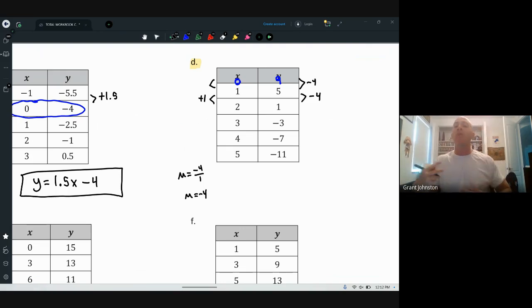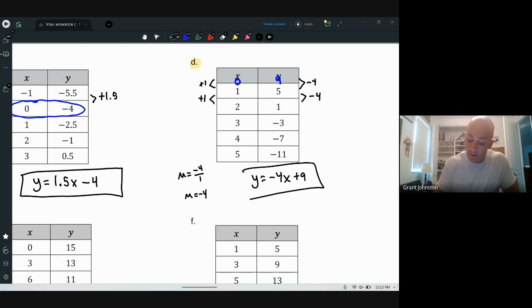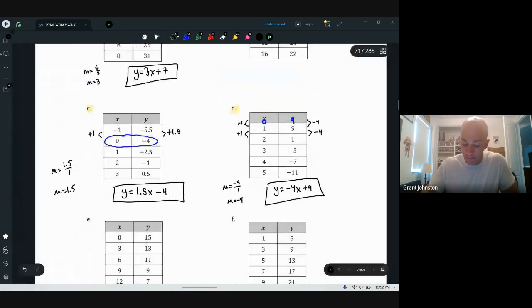So you have to do some backtracking, some logical thinking when the x is not shown. You got to go find it. So that would have to be a 9 at x is 0. So in my equation, slope was negative 4x, y-intercept is 9. And there you go.